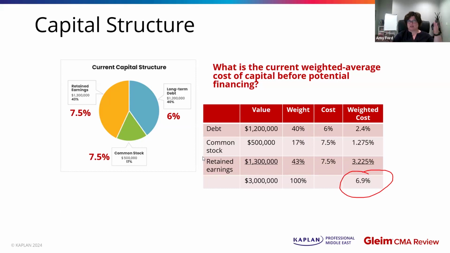I knew it was going to be somewhere between 6 and 7.5%, and our current cost of capital on a weighted basis is 6.9%. We would look at that when looking at the new financing options. How would these different options change our weighted average cost of capital?